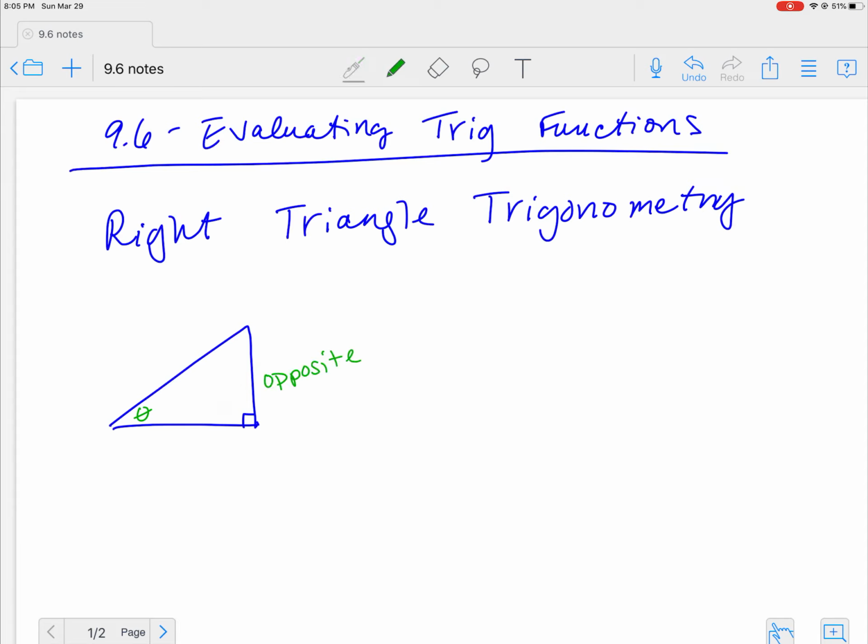Instead of just x and y, we're looking at opposite and adjacent.